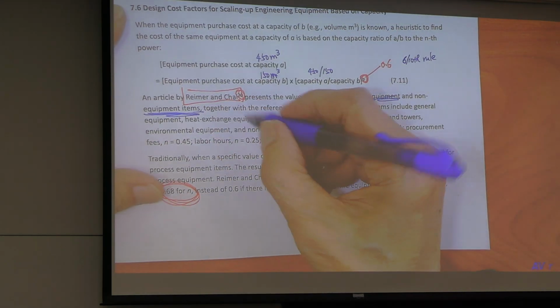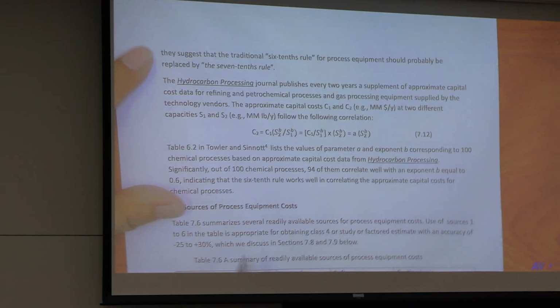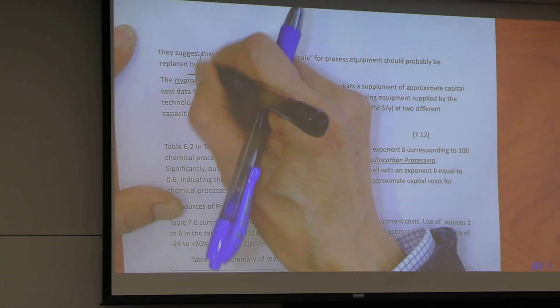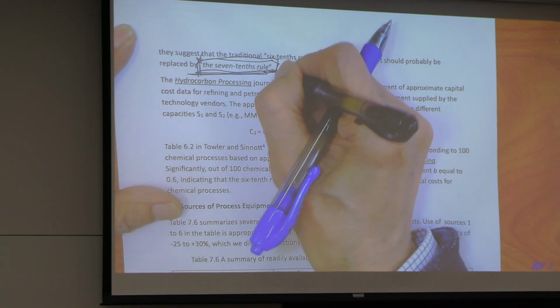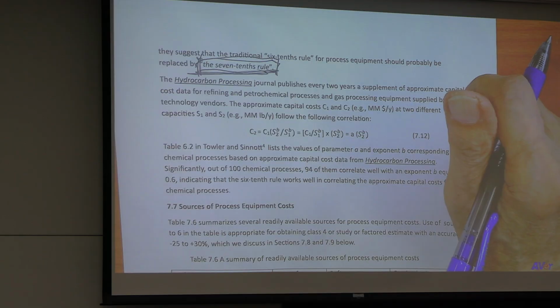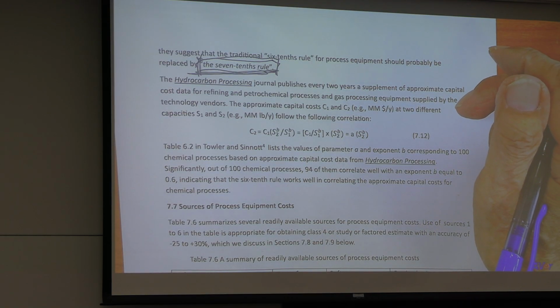And this reference suggests it is the 7/10 rule instead. Capacity ratio to the 0.7 power. Okay?